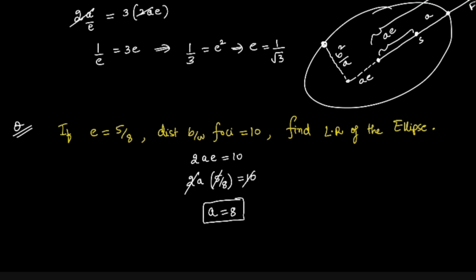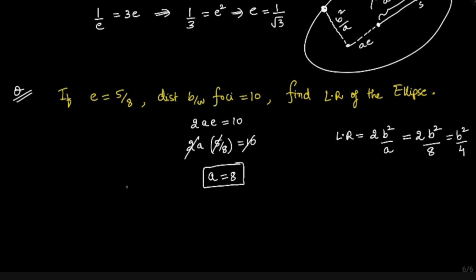What is the latus rectum? 2b square by a. So that is 2 into b square by 8, so the answer is b square by 4. But what is the b square formula? a square into 1 minus e square. a square into 1 minus 5 by 8 whole square.